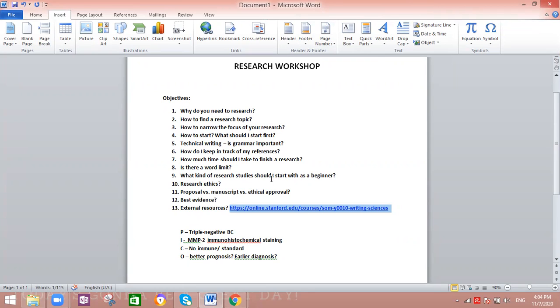I couldn't agree more. The cross-sectional design is known as the easiest to do. It's much easier than doing a systematic review. It's much easier than doing a cohort, even if it's a retrospective cohort study. So just go with a cross-sectional design as a beginner.